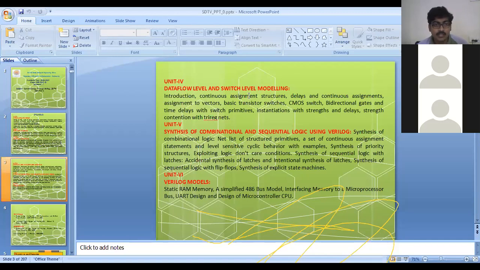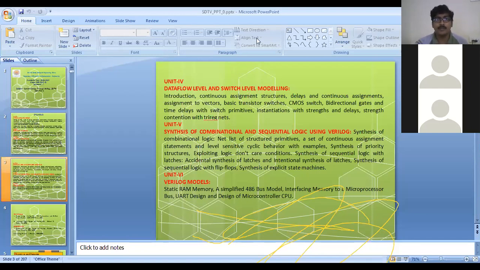Okay, and we can go with the different types of Verilog models. That means, as an example, we can design some static RAM memory, a simplified 486 bus model, interfacing memory to a microprocessor bus, UART design, and design of microcontroller CPUs.